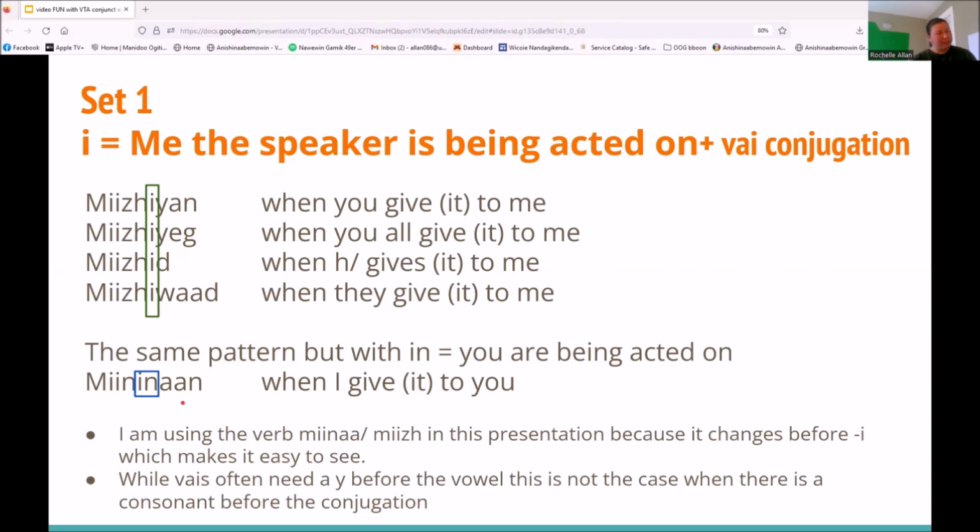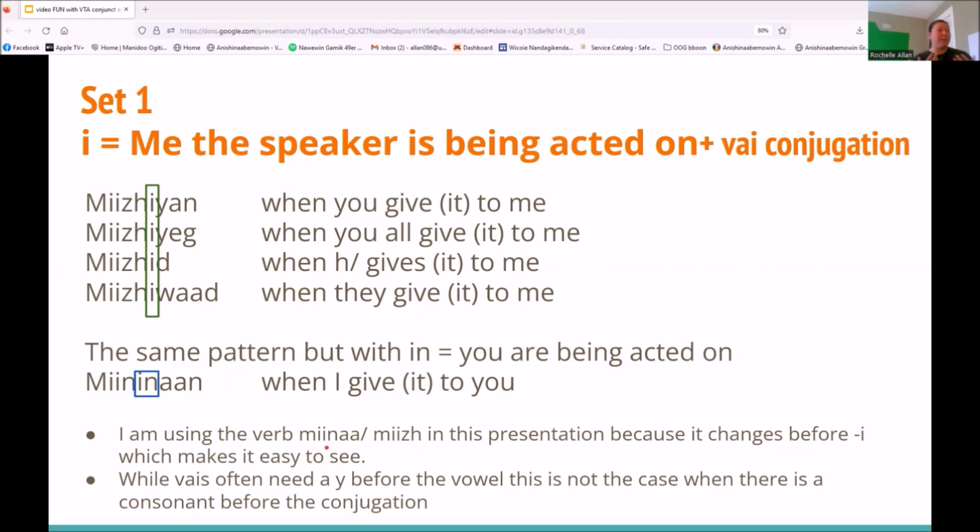I am intentionally using a verb that has a ZH N. This is a pattern where when the conjugation starts with an I, that means action towards me. The N shows up as a ZH. And so I'm using a verb that does this intentionally just to get you comfortable with the idea. In other verbs, it won't be changing necessarily.